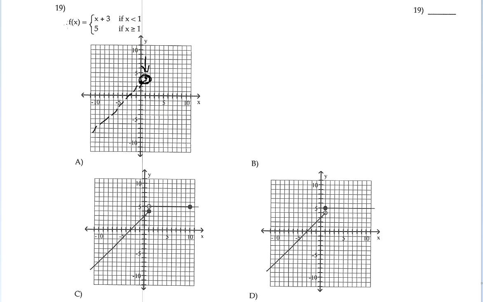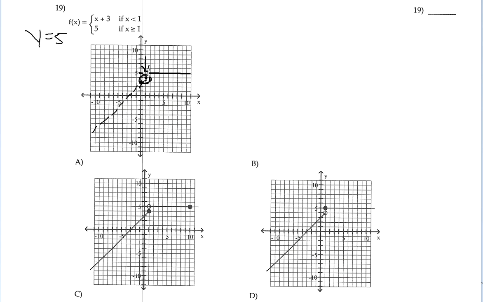Okay, the next equation is f of x equals 5, which is the same as y equals 5. So that tells us it's a horizontal line at 5. So here's 5. It's a horizontal line. It's a solid line. And if x is greater than 1, oh, that means I can't go to the left here.